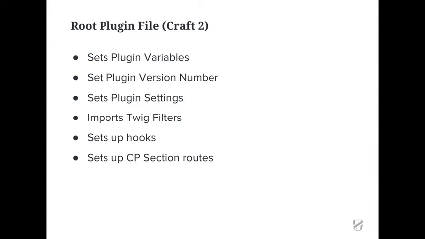You'll see that 1.0.0 is usually what you start with, or, well, probably shouldn't start with 1.0.0. Should probably start with like a 0.1. Setting some plugin settings. This gets moved in Craft 3, but setting up your settings. Importing Twig filters happens here. Setting up certain hooks happens here, and then also setting up control panel routes. All that doesn't take up a whole lot of code. It's just that's where it goes.